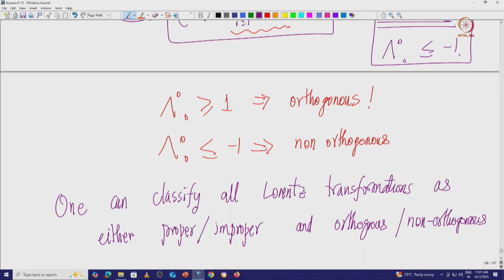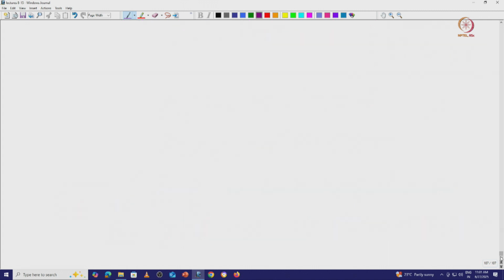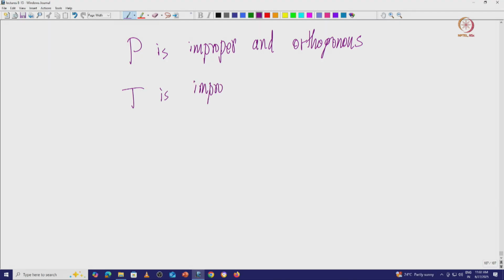For example, the transformation P, which we will later on call parity, is improper and orthochronous, and T is improper and non-orthochronous.